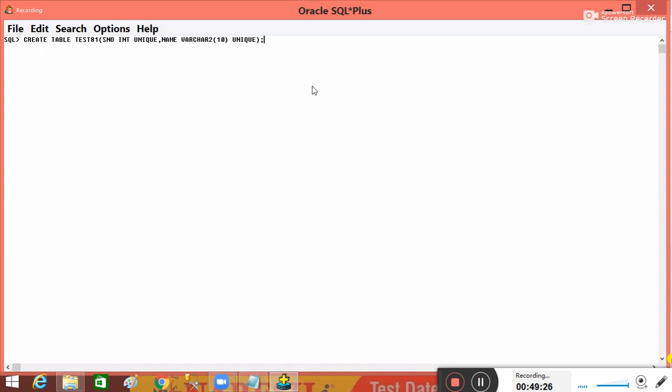So in this example, can you see for every column after definition, I applied my unique constraint. Serial number is defined, unique constraint. Name column is defined, unique constraint. This is called column level. Do you understand now?